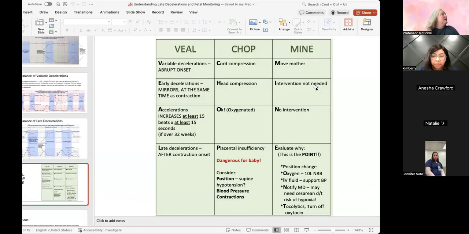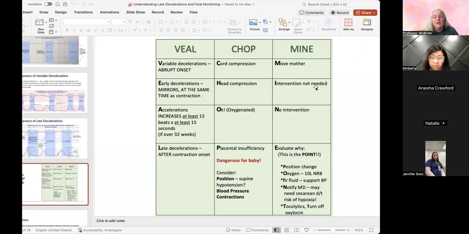I remember when I was in nursing school and whenever I saw document the finding, I was always so stuck on that. I'm like, of course I need to document this, but that's not the priority unless there isn't another priority. If there isn't another priority, all you need to do is document it. Okay, so for early decelerations, reassure the parents, let them know that their baby's doing well, document the finding.